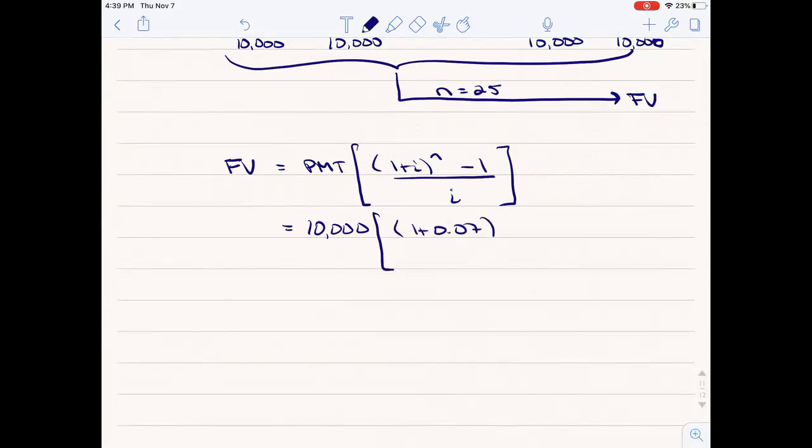I2 was 0.07, so that's what we use. To the power of N, which is 25, and then minus 1, and then over I, which is 0.07.